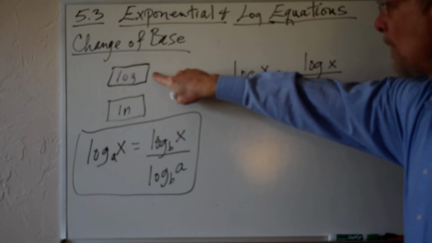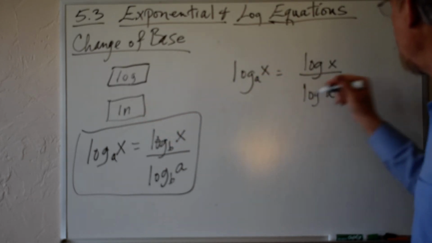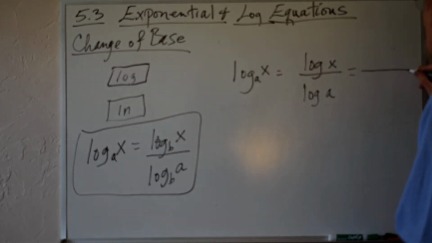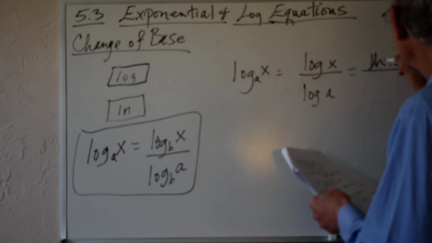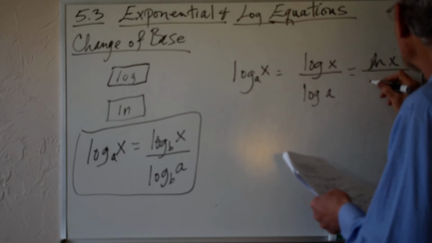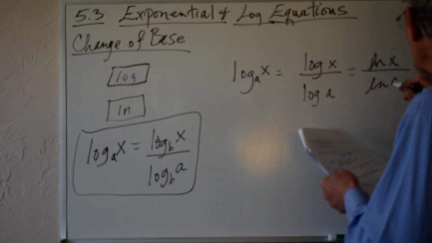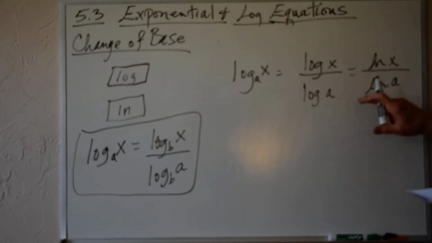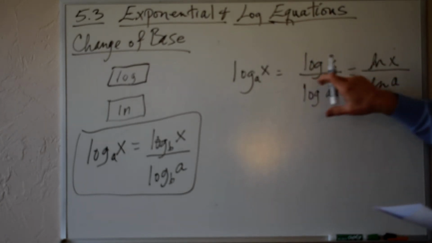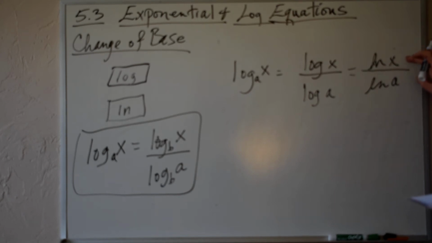If you don't want to tap on that key and you want to tap on that one instead, this is also true. Here, my base is e. So both of these expressions are also equal to the natural log of x divided by the natural log of a. How would you use this?